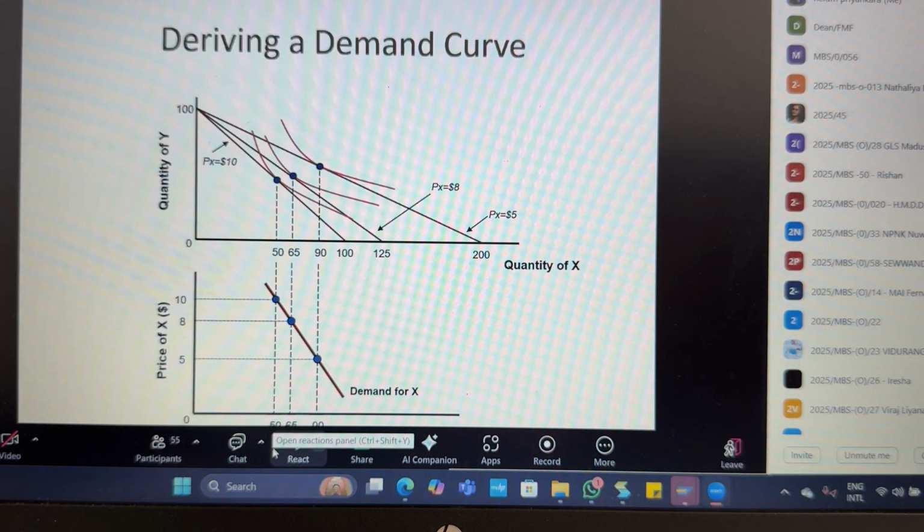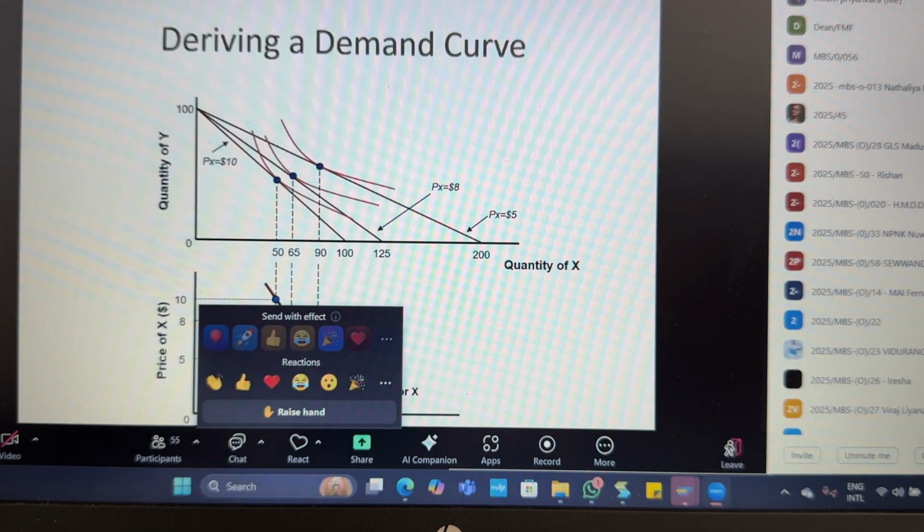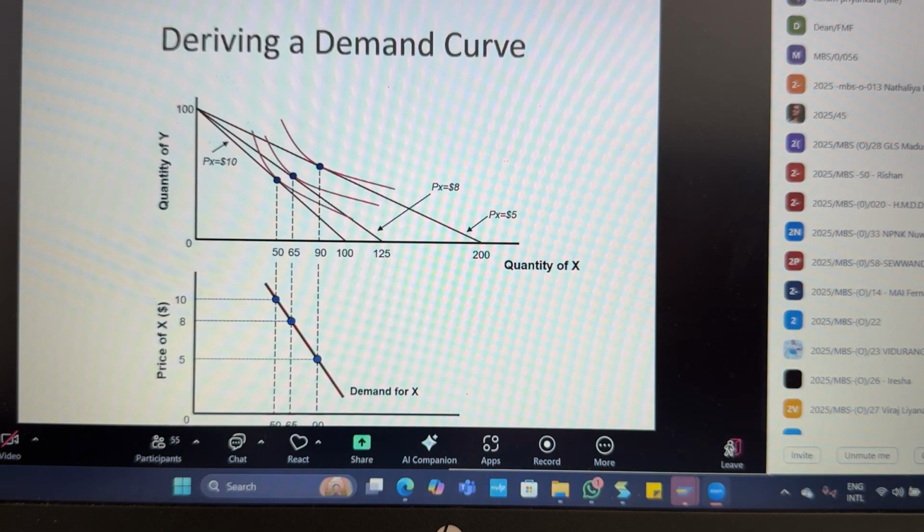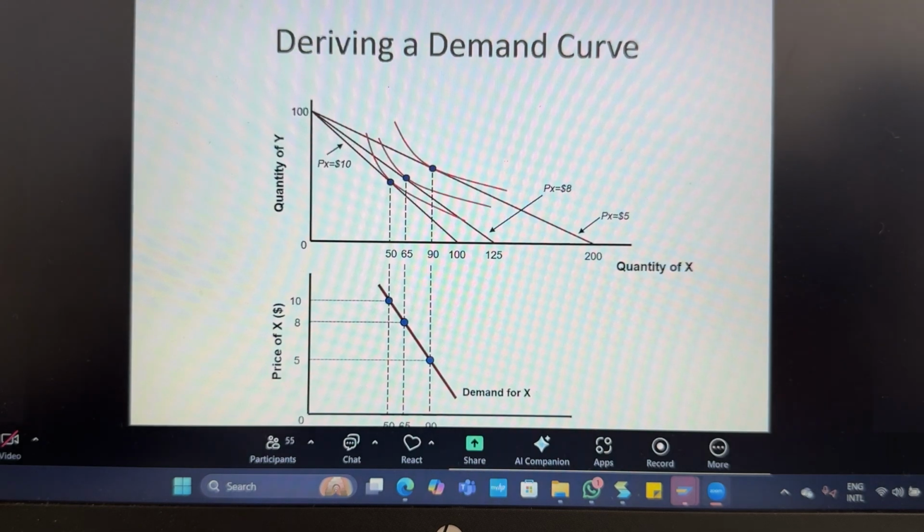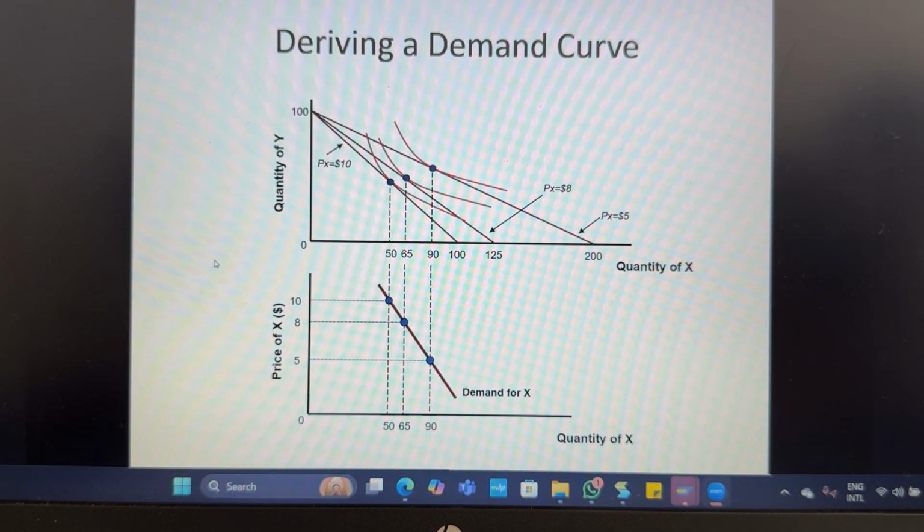But I gave you the question: construct the demand curve with the help of indifference curves. Can you do that? I think this screen you also can share. Can somebody show it by drawing?